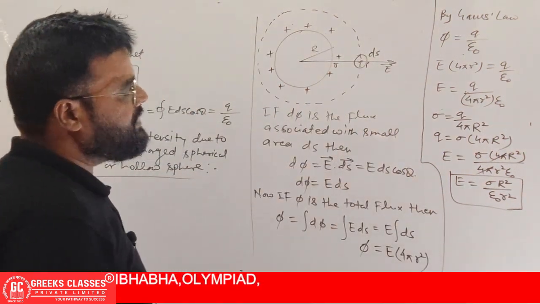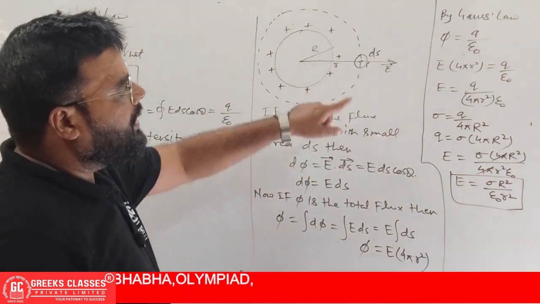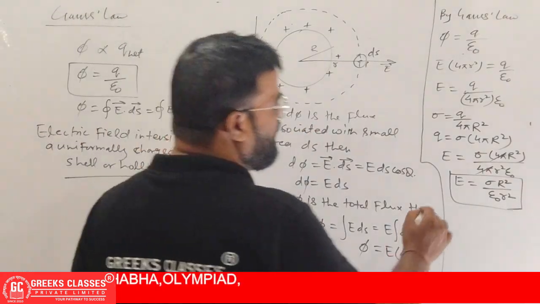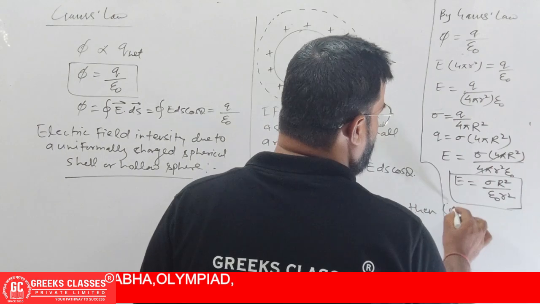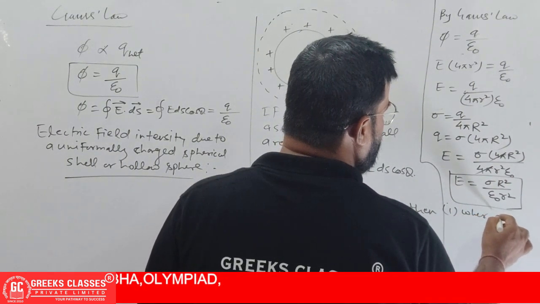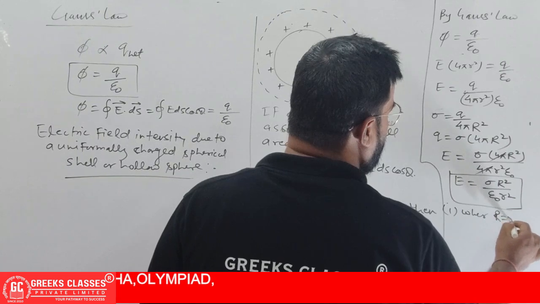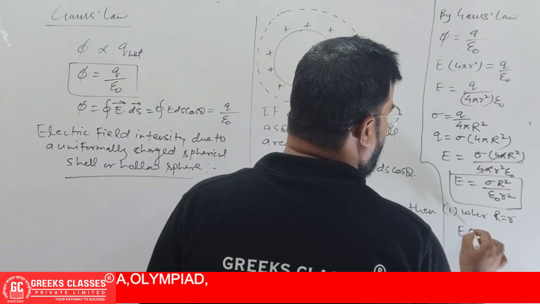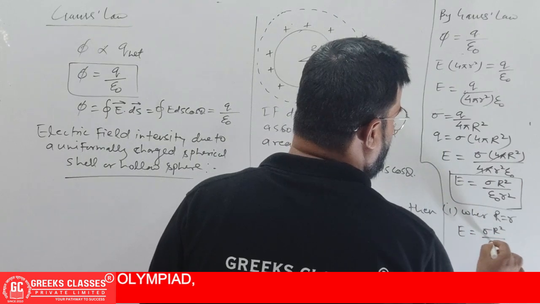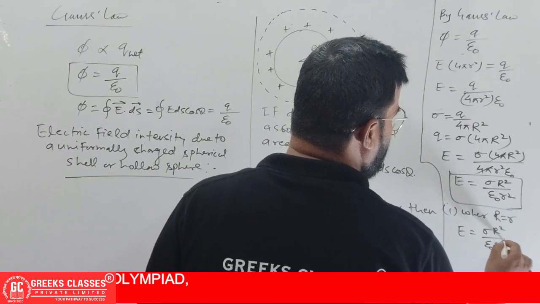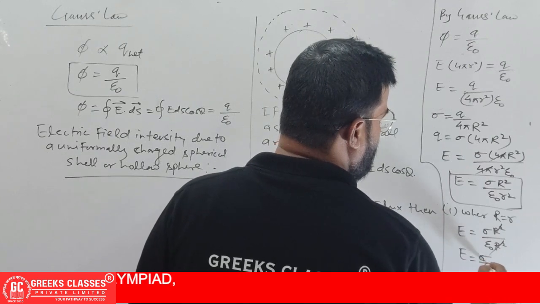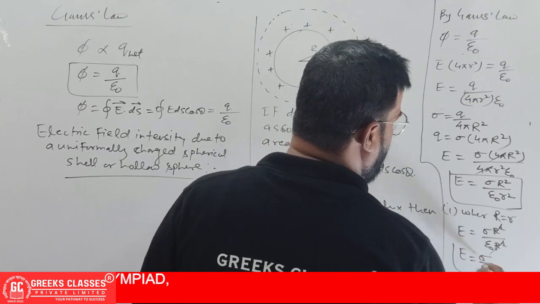Now see, there are two cases. First case, when small r is equal to capital R, then E equals sigma R square upon epsilon naught R square. Cancel out this, so E will be equal to sigma upon epsilon naught.